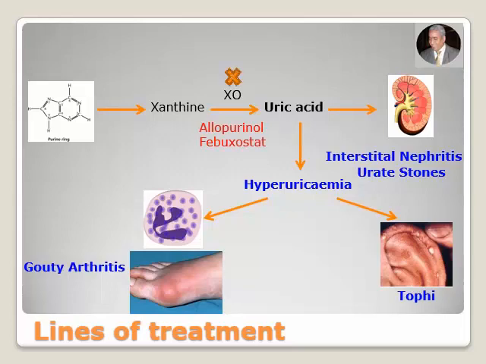Allopurinol and Febuxostat inhibit the xanthine oxidase enzyme. Uricosurics increase the excretion of urate in urine. Colchicine inhibits neutrophils' functions.